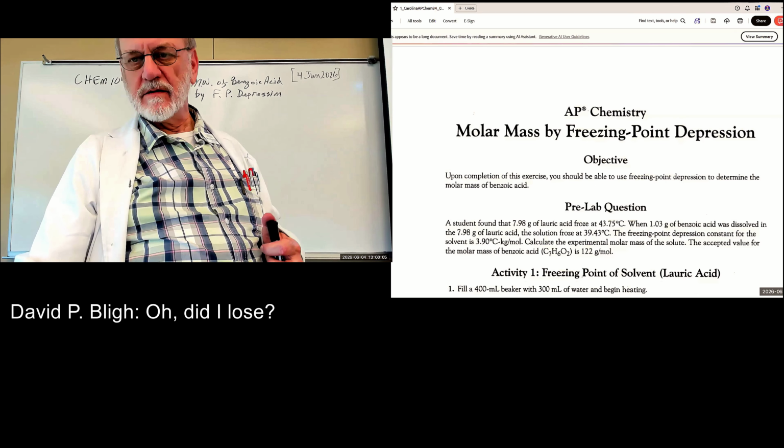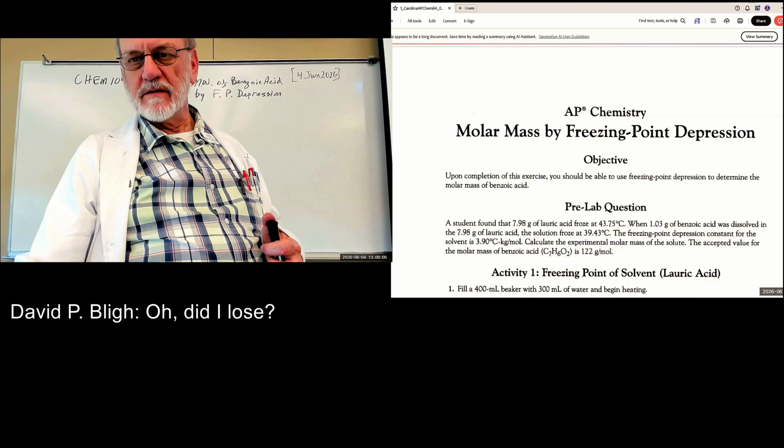The freezing point depression is determined by this equation. You remember from chapter 11, I think it was. Change in temperature, and we're going to use the absolute value because it doesn't matter the sign.